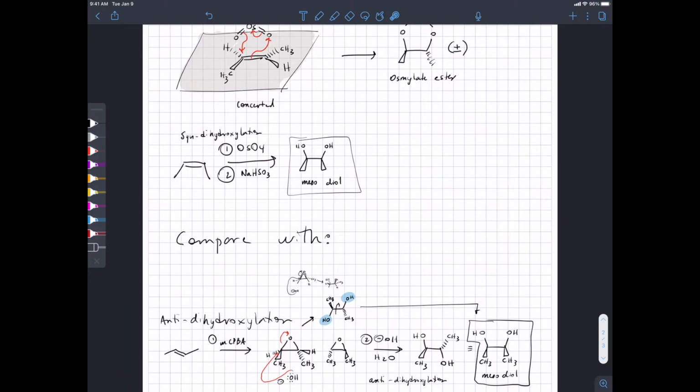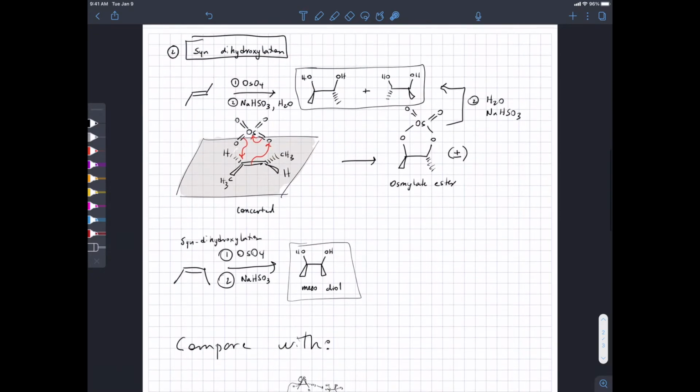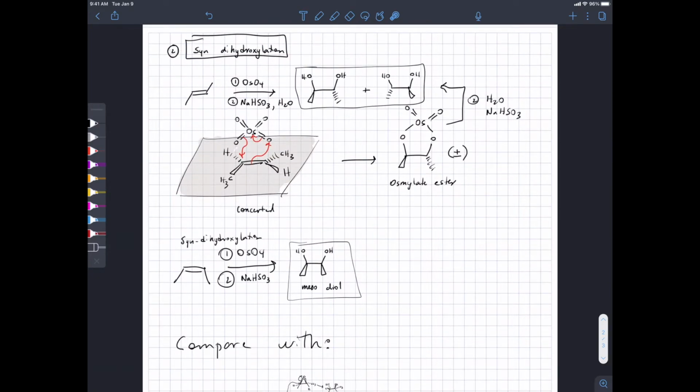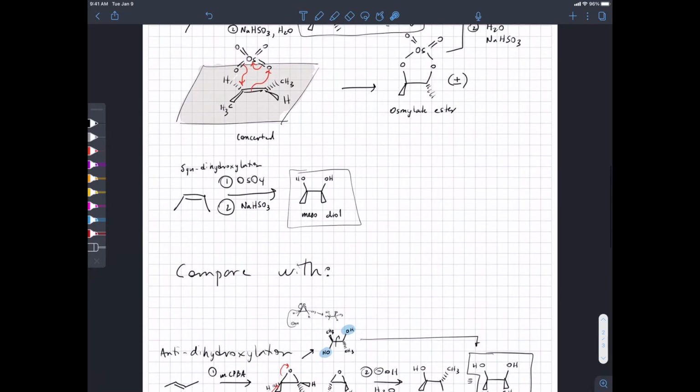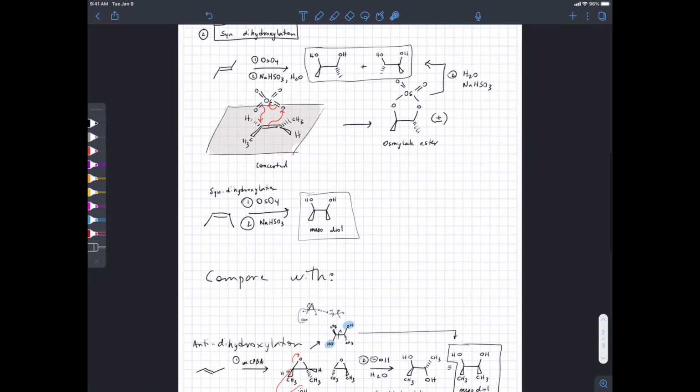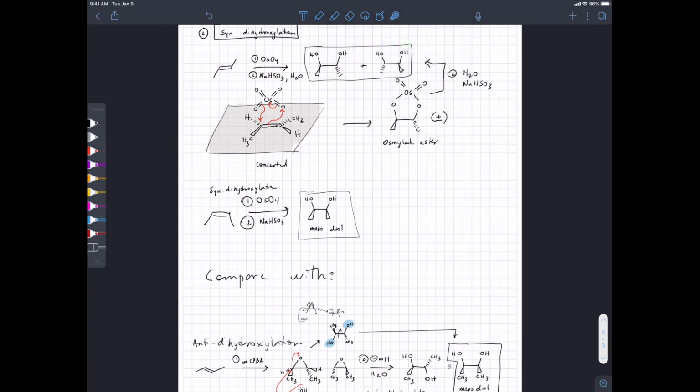You get different products. Different products, not the exact same? Well, it depends on which ones you're talking about. These two products are diastereomers. Same starting material, but you get diastereomers as products.